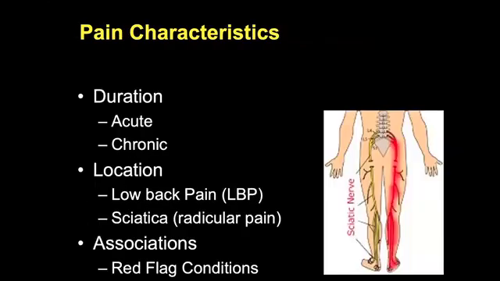So in terms of pain characteristics, we can separate pain based on duration, acute versus chronic. We can look at location, low back pain versus sciatica or radicular pain or leg pain, and then talk about the associations, the so-called red flag conditions.